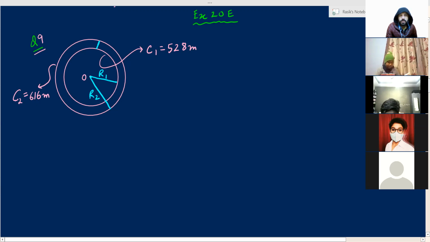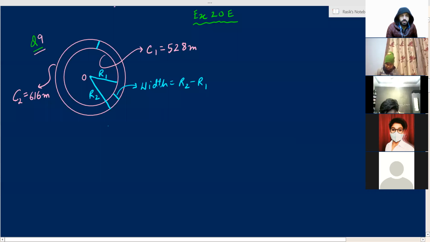If I have to find the width of the racetrack, from the outer radius I will subtract the inner radius, and I will get this thing. This is the width. So width is equal to R2, radius of outer circle, minus R1, radius of inner circle. Are you all getting the point?